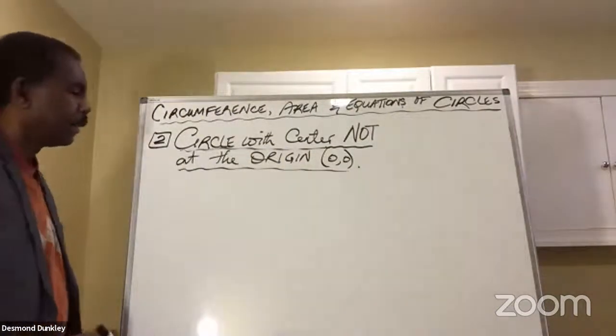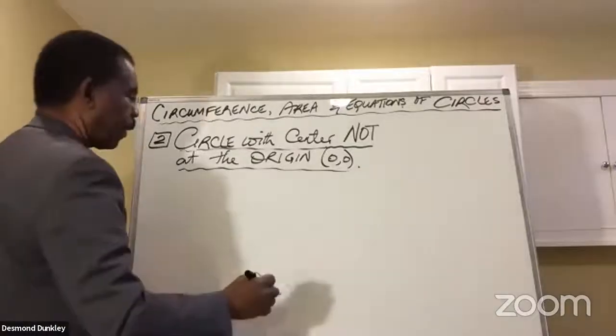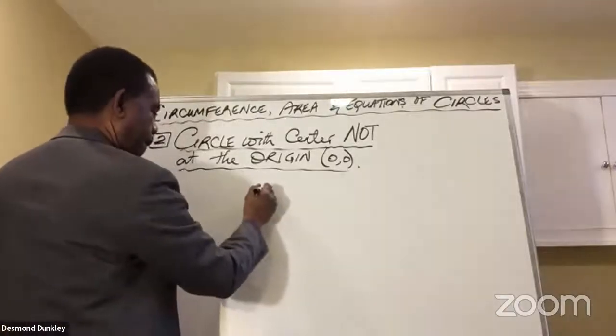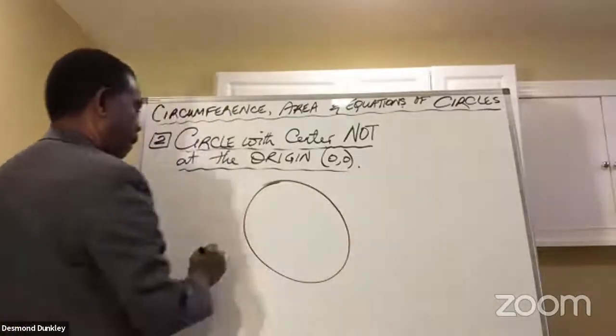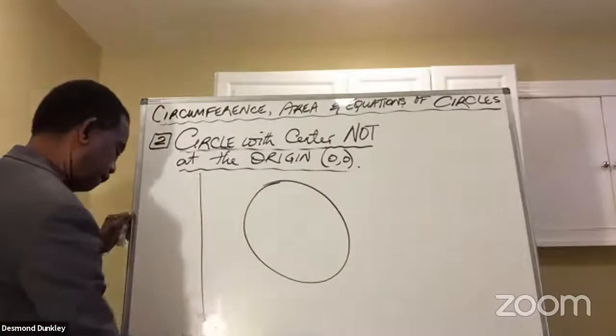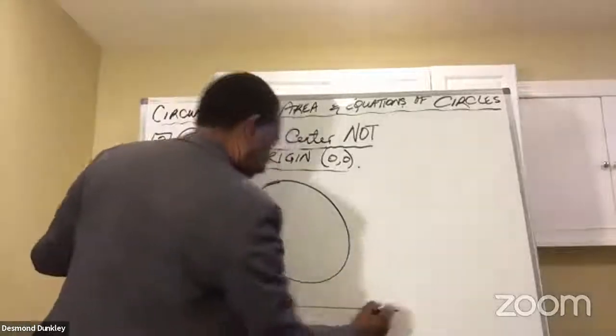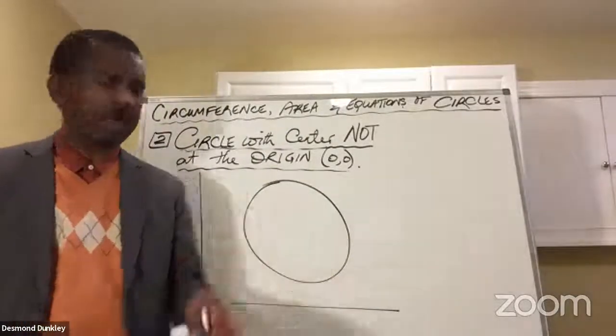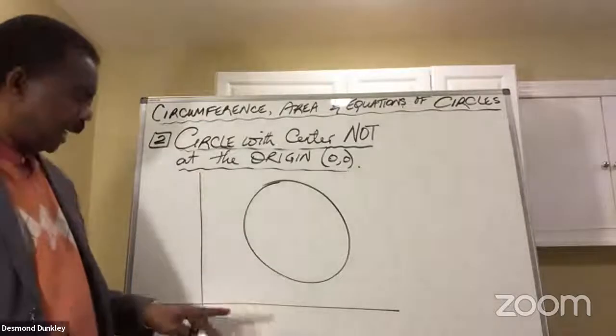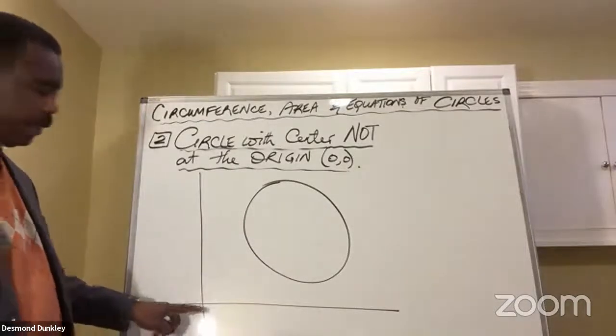Okay? So, here we go. I'm just going to use this as an example, and it will work for anywhere you put the circle, as long as the center is not here.